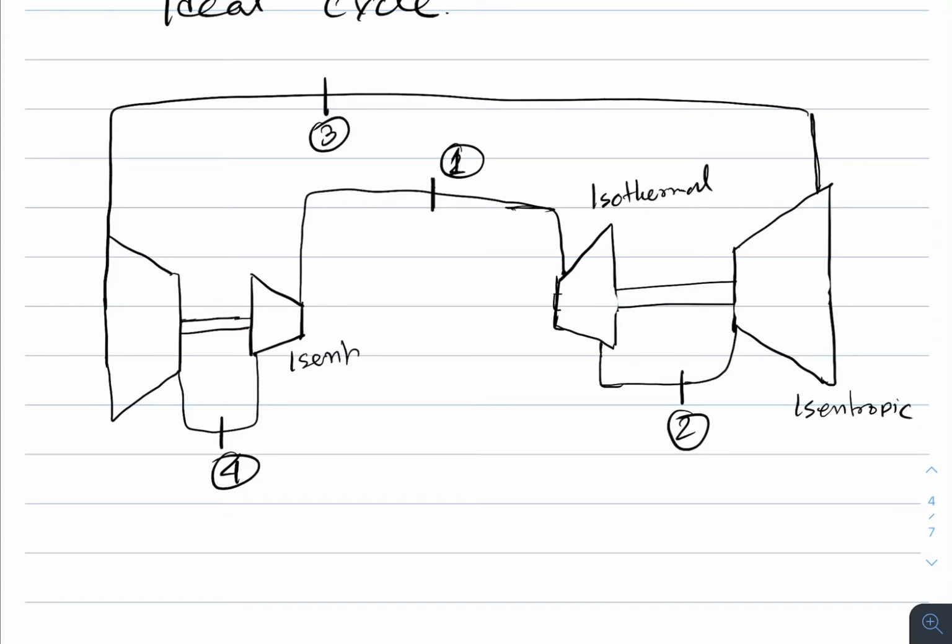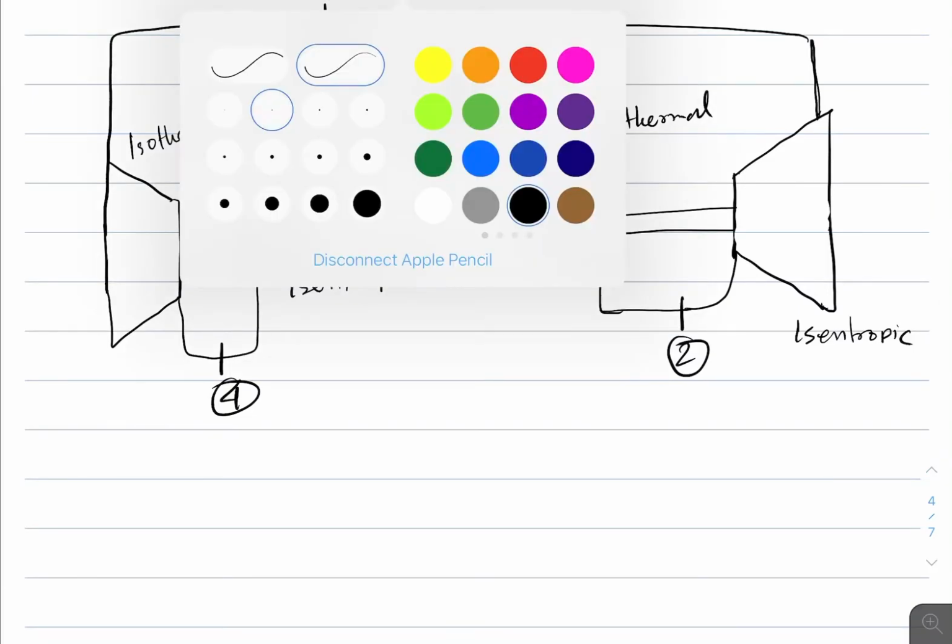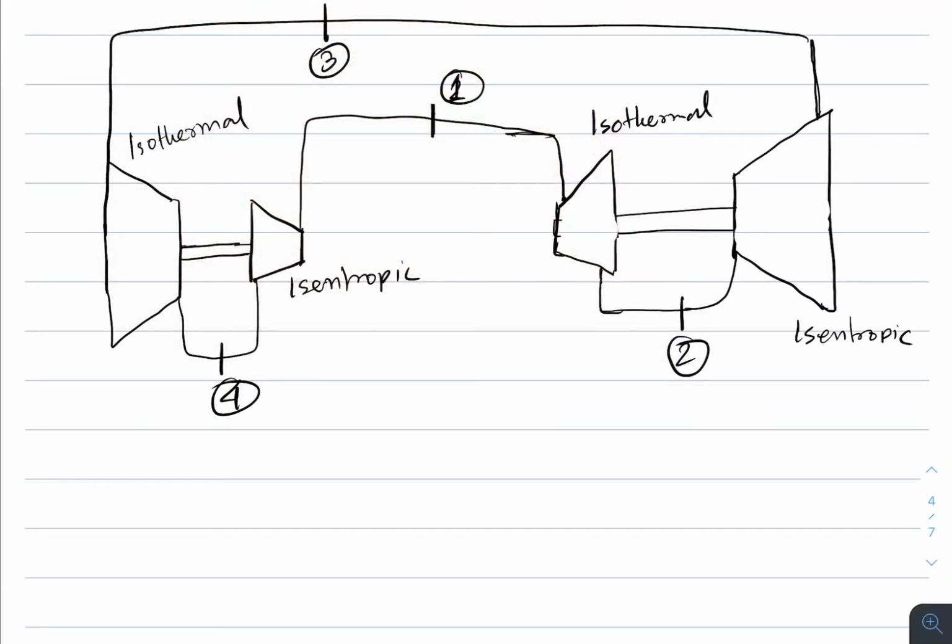Similarly, this is an isentropic compressor, and this is an isothermal compressor. So let me write one more thing. In the isothermal turbine, heat is input, Q in, and in the isothermal compressor, heat is output, Q out. And the net work, W net, is produced.